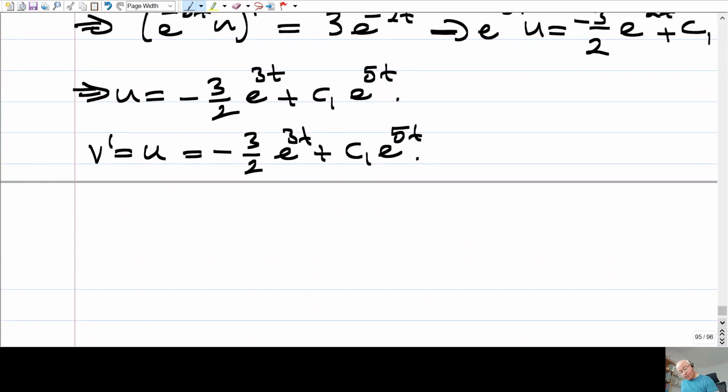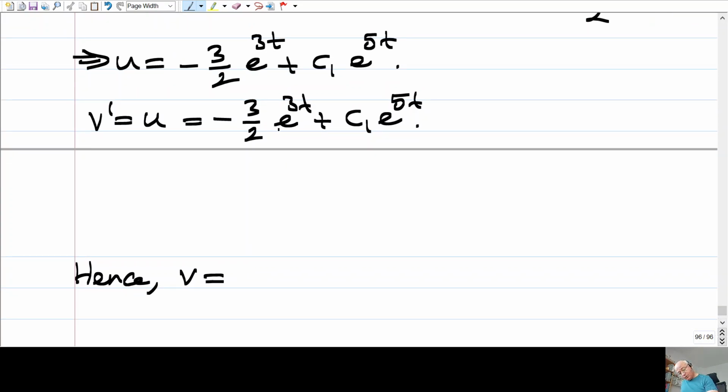Hence, v is what? The integral of this gadget, the integral of u dt.